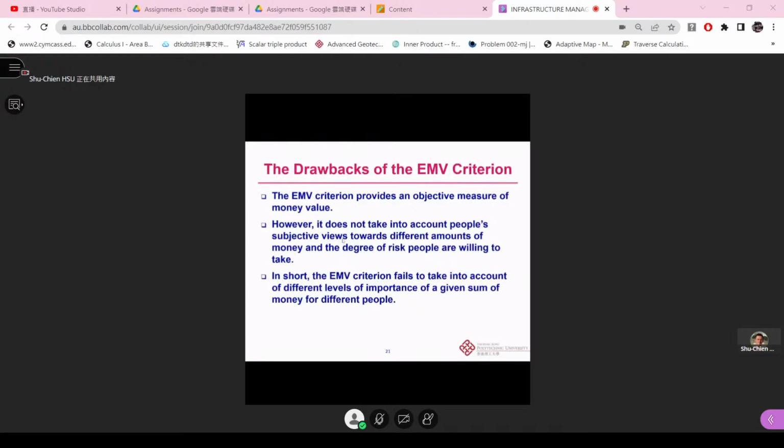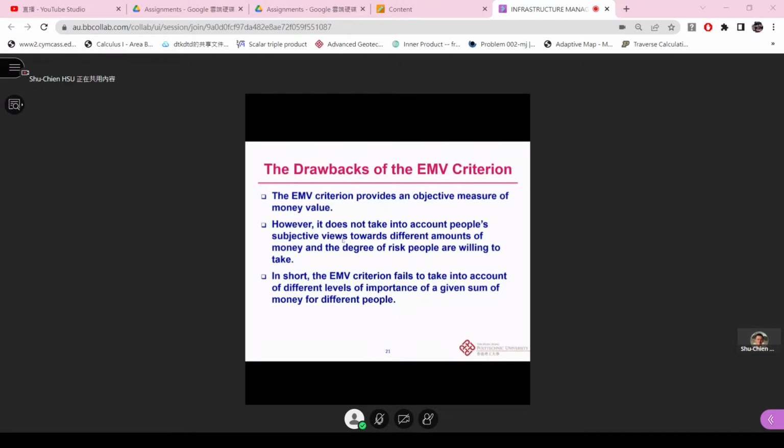So the major drawback of the EMV criterion is that it provides an objective measure of the money value. You are probably curious: objective is very good, why not? Why is this a kind of drawback? However, for this kind of decision making, sometimes we need to think about people's views.